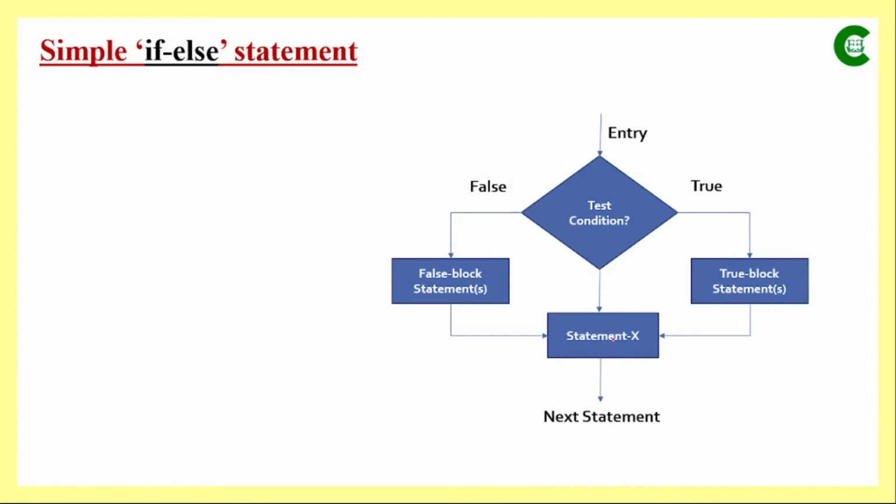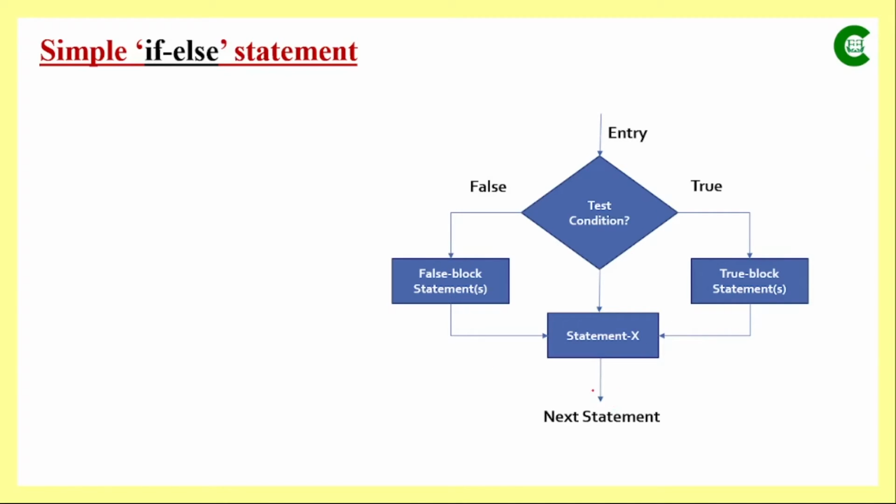The execution of this block is common whether the condition checking is true or false. And once this statement is processed, there may be some other statements which will be executed sequentially, or we may have some other condition checking in the program.